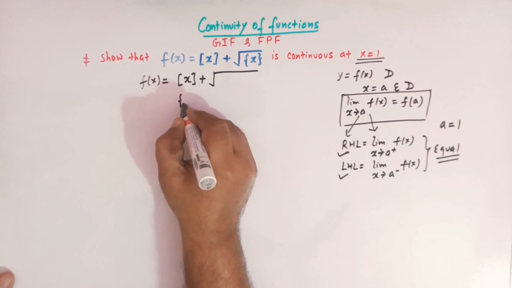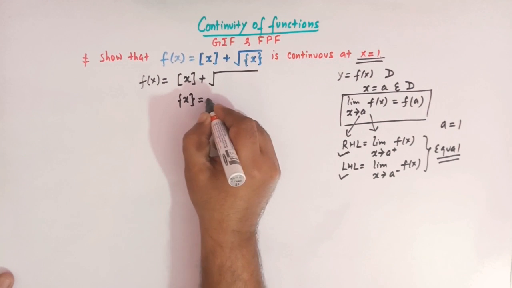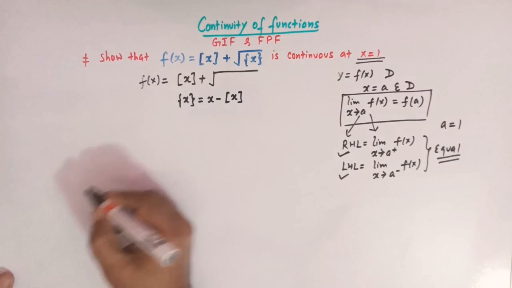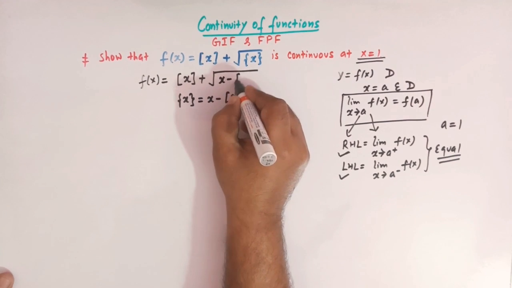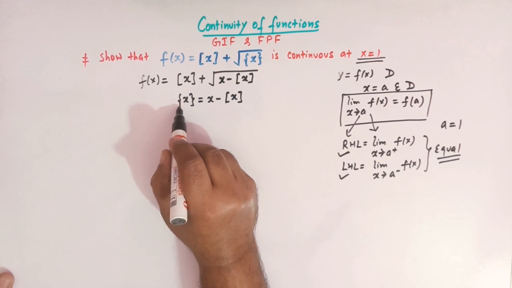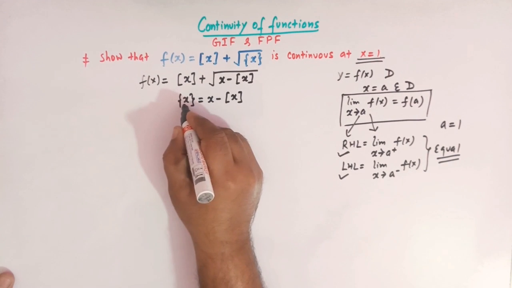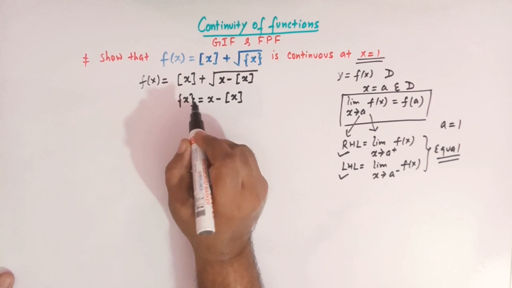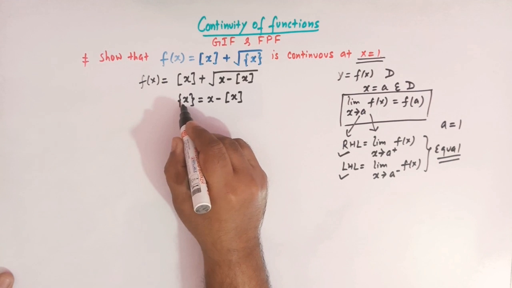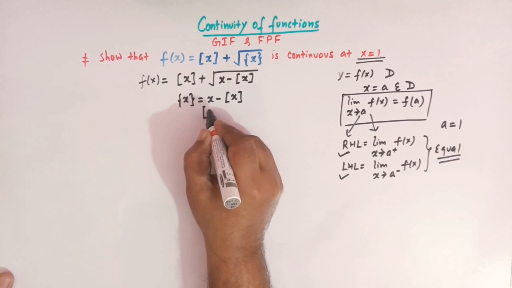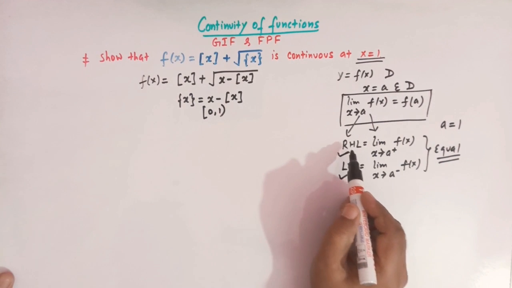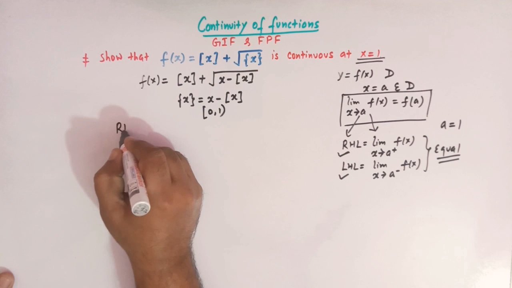We know the fractional part function is defined as x minus greatest integer of x. The domain of the fractional part of x is the set of all real numbers, and its range is from 0 to 1.